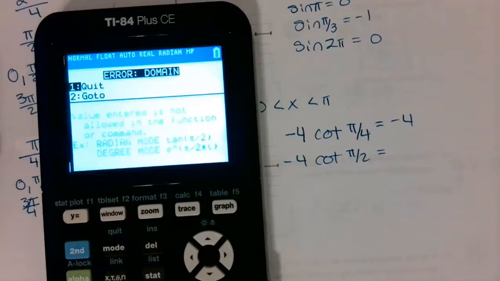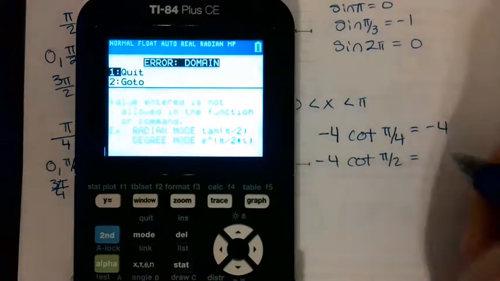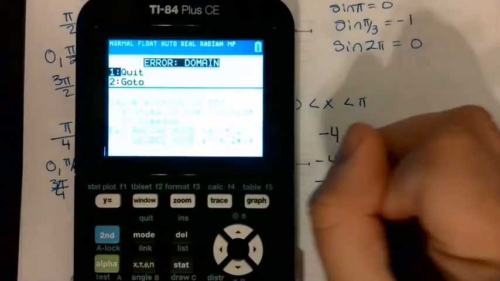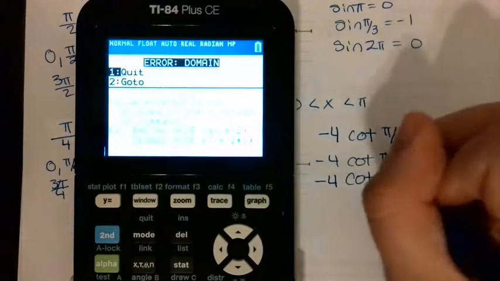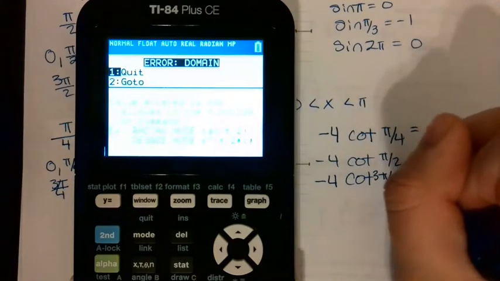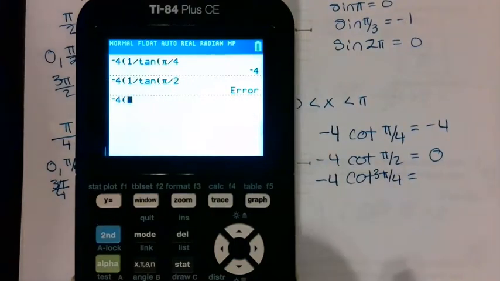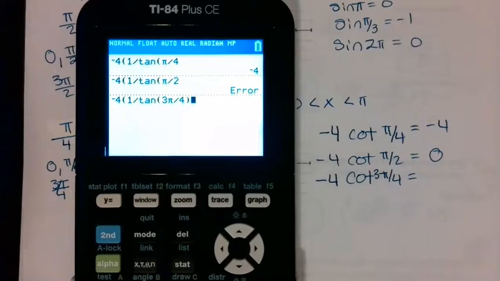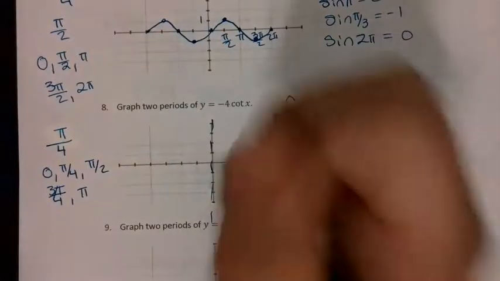It gives me an error, but remember, if this happens on cotangent and cotangent only, this is because the calculator can't write it right to turn it into 0. If it happens on tangent, it is not a 0. Okay, then I'm going to do -4 cotangent 3 pi fourths, which gives me +4. So I'm going to go plot those points.